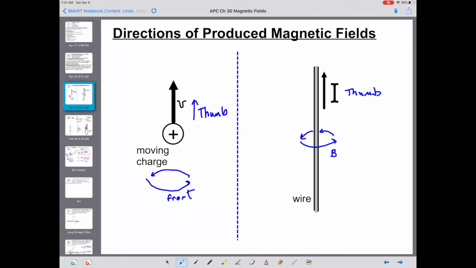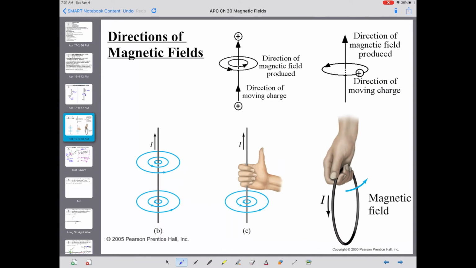And so that magnetic field would actually spiral the wire. Here's another look at the right-hand rule and those directions. So magnetic fields that are produced are kind of unique because they are, from these different situations, spiraling fields.